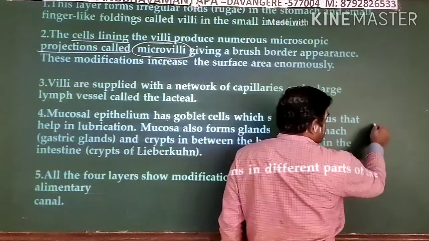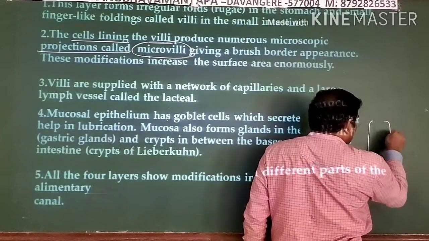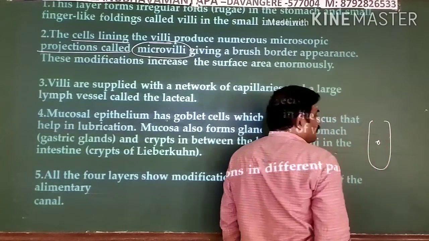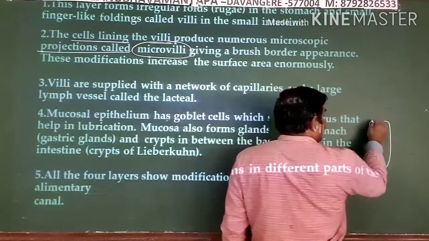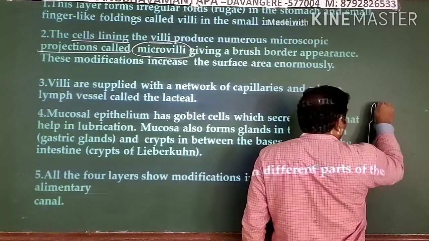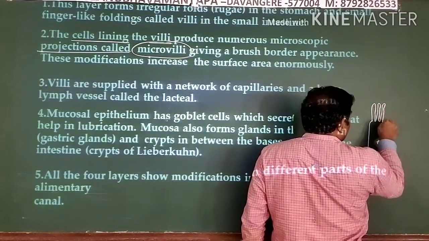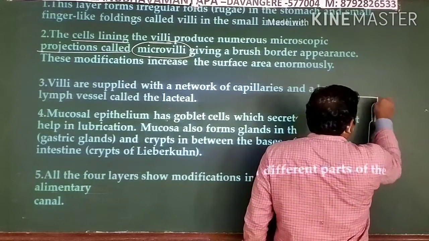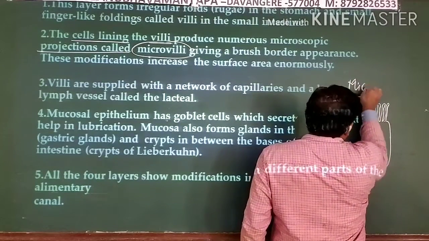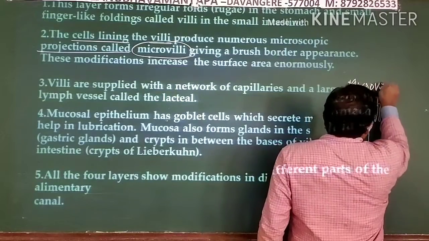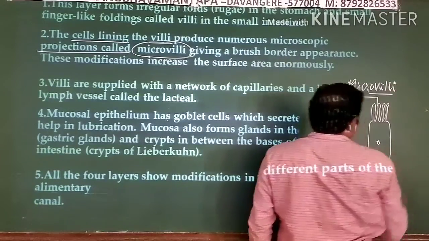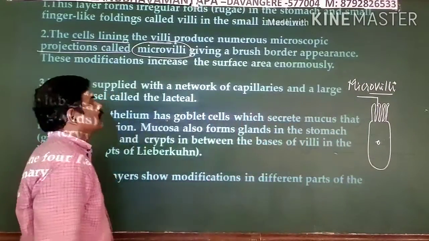If you see this, this is a cell present within the villi. At its free surface you can see the microscopic projections, and this part is known as microvilli.